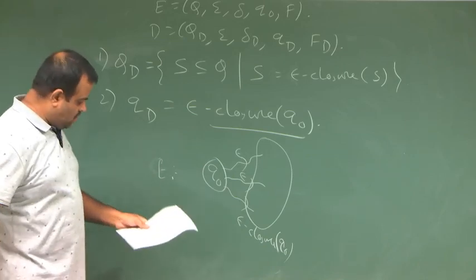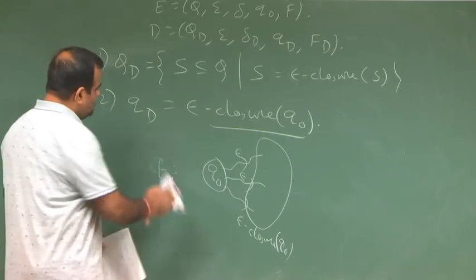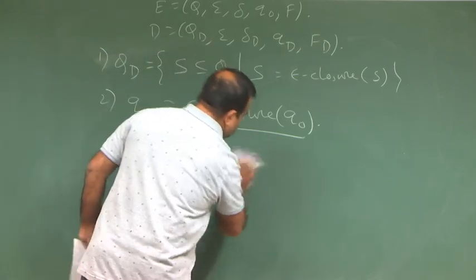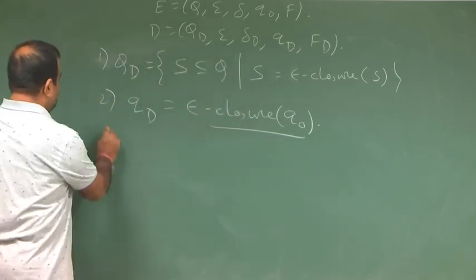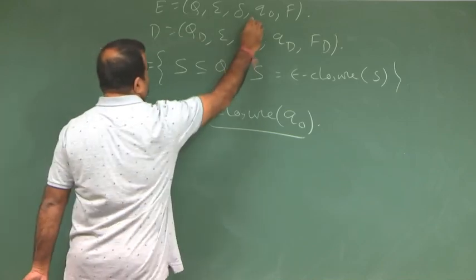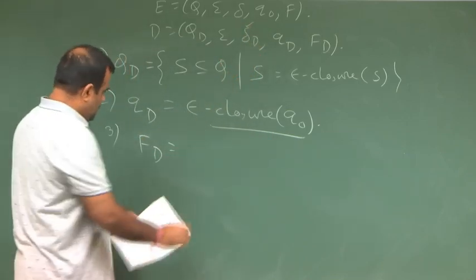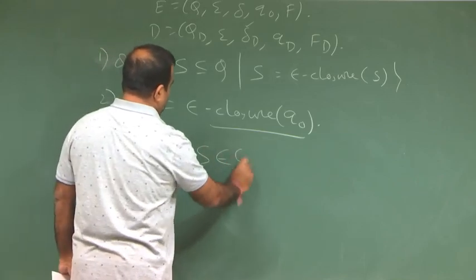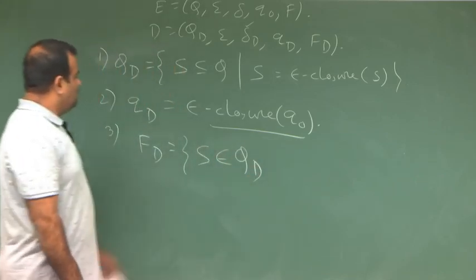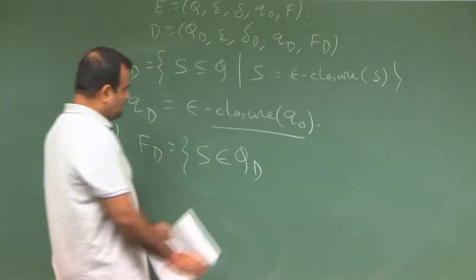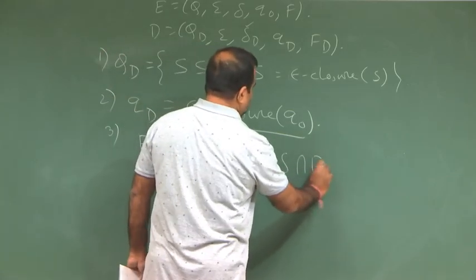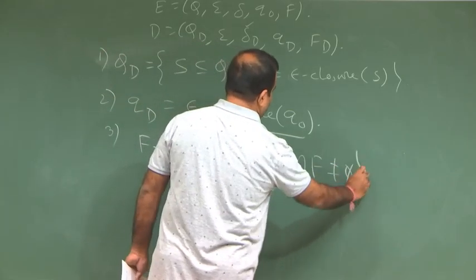Okay. Now, the final states we can consider as FD. FD is nothing but the set of all states, I mean those containing the epsilon closure, such that S intersection F is non-empty.